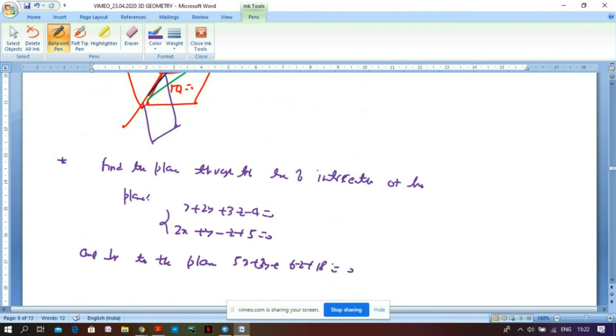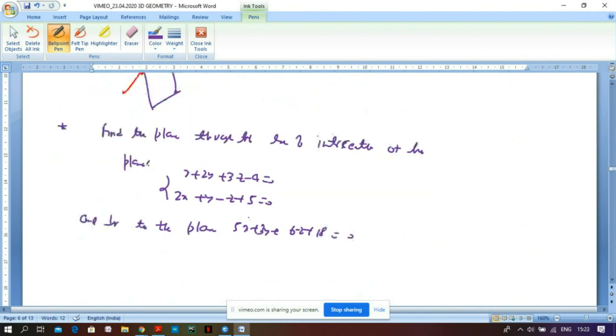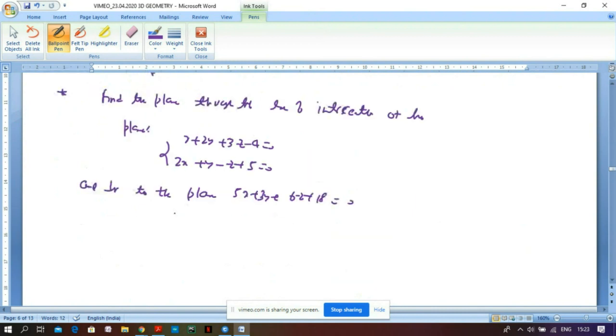What you are asking is to find the equation of a plane which passes through the line of intersection of these two planes, and which is also perpendicular to the other plane.